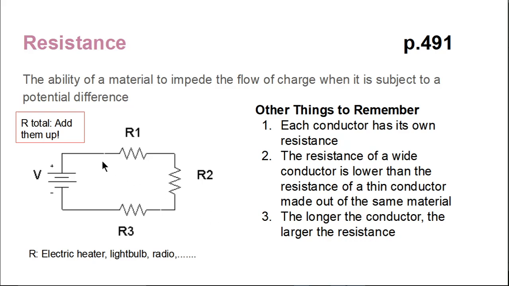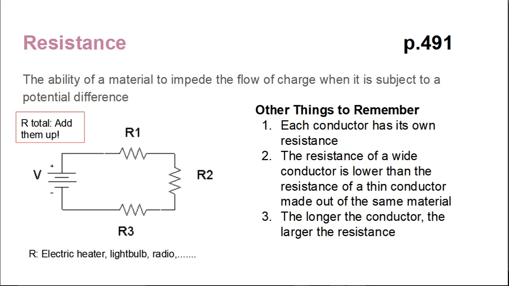Now, it's not only the type of metal that you have to worry about, but also the width of your conductor. Wider conductors conduct electricity better than thinner conductors. You probably have seen that if you look at your wires, they come in a bundle. There are several thinner ones making a big, long, thicker bundle.